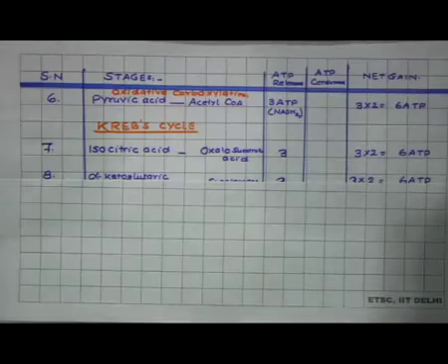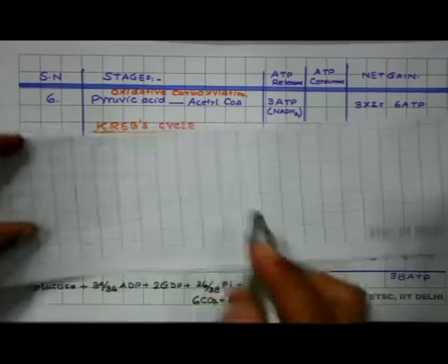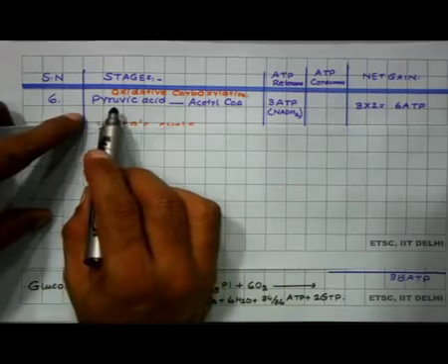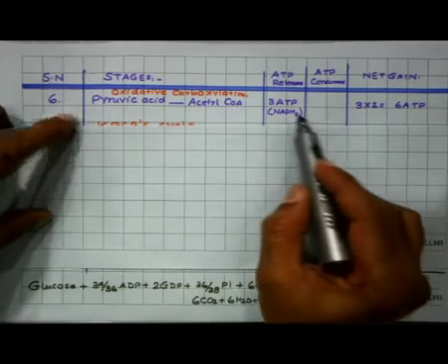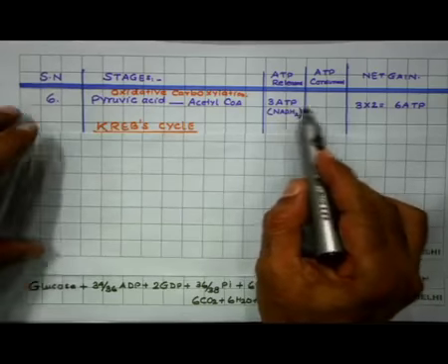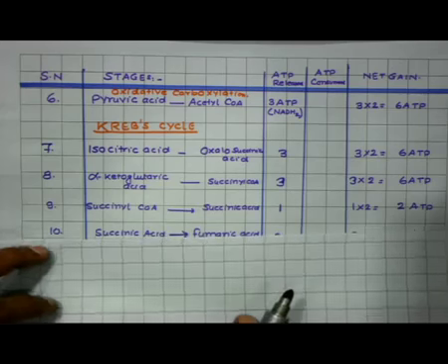The second NADH2 we have already discussed, in oxidative decarboxylation when pyruvic acid is converted into acetyl coenzyme, NADH2 is formed, which releases ATP.